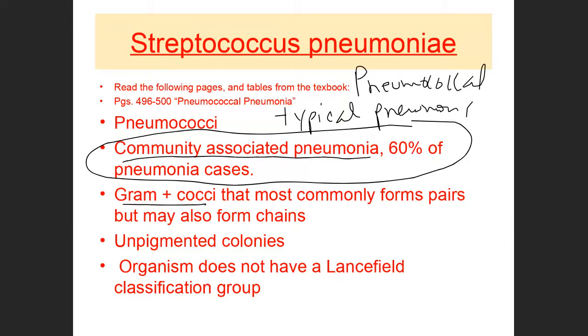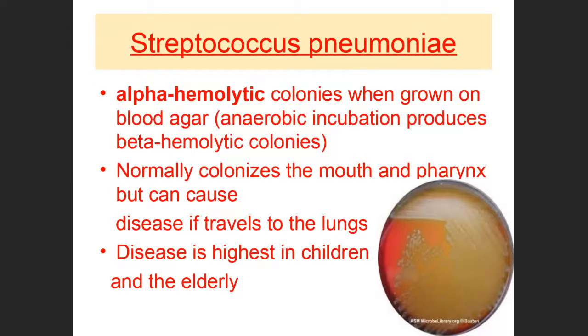Obviously, gram-positive cocci, it is a Streptococcus in chains or pairs. It's catalase negative, as all the Streptococcus. The organism is alpha hemolytic versus group A strep, which is beta hemolytic. It normally lives in the mouth and the pharynx of most people. It is when it travels through the lungs that it may cause problems.